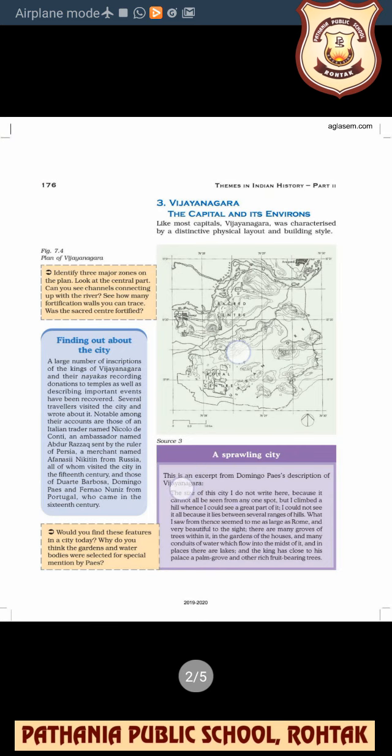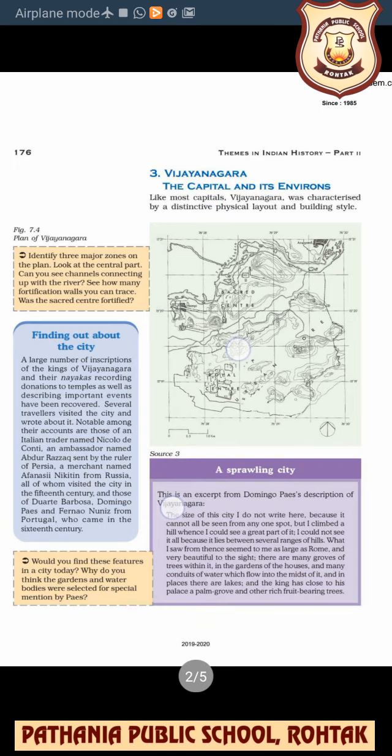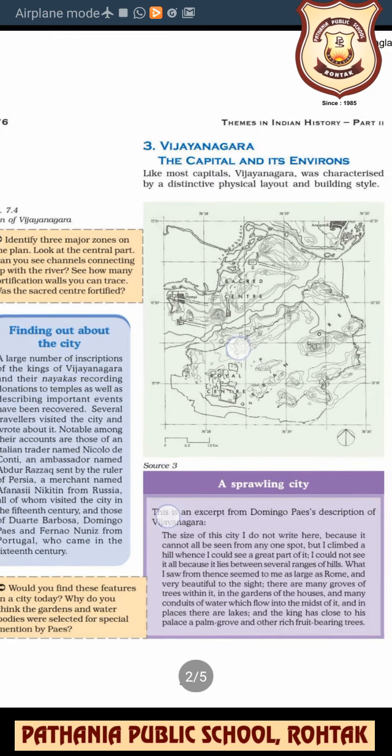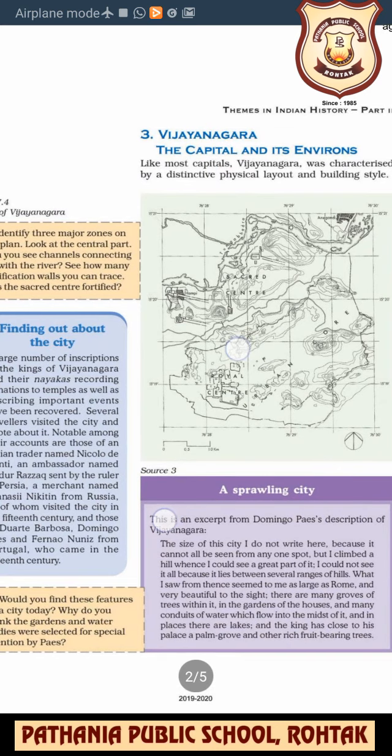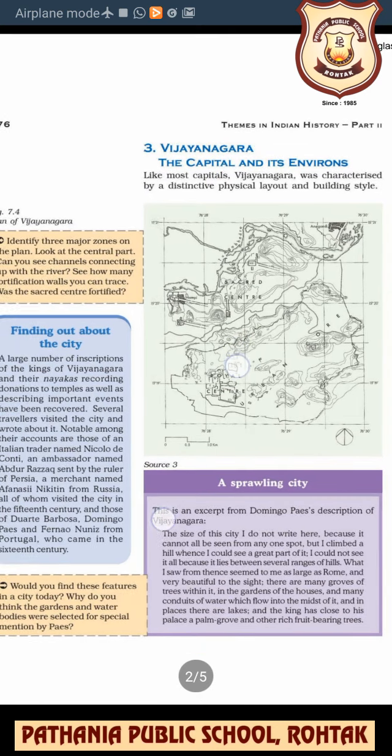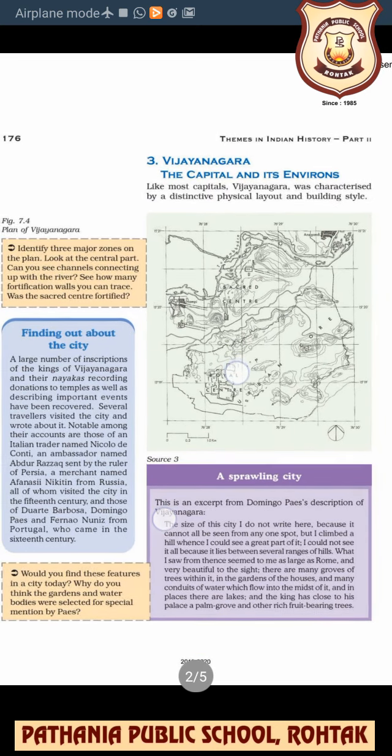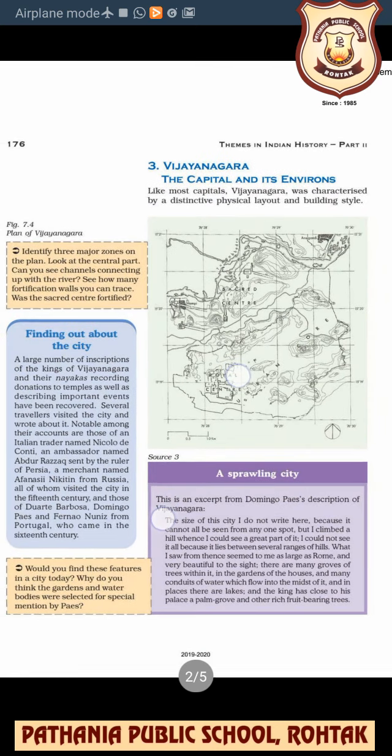Today the topic that we are going to discuss is Vijayanagara, the capital and its environs. Beta, in this topic we will read about the various water resources of the Vijayanagara Empire, how the fortifications were built, which type of architecture was used in this fortification, and how the roads were constructed.